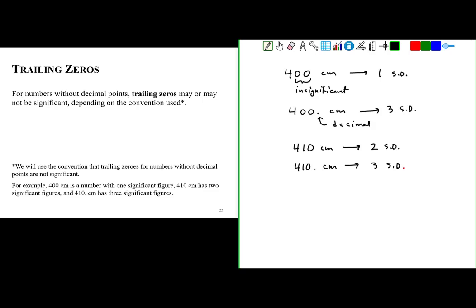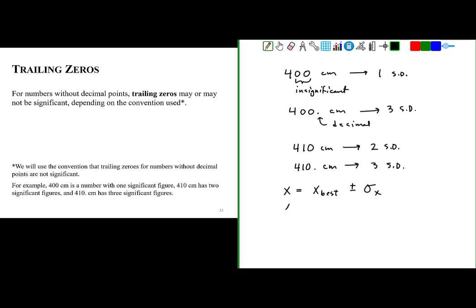Now, you can maybe see why we're going to treat those trailing zeros as being insignificant by looking at our convention in reporting a measured value. Remember, in reporting a measured value, we report our best estimate of that value plus or minus the uncertainty in the estimate of that value.